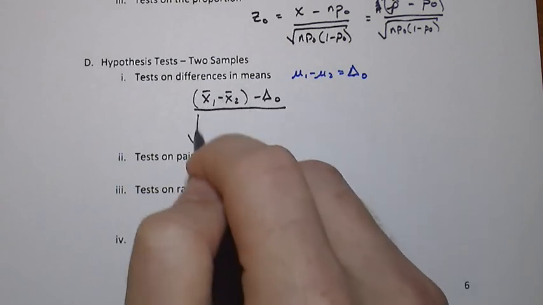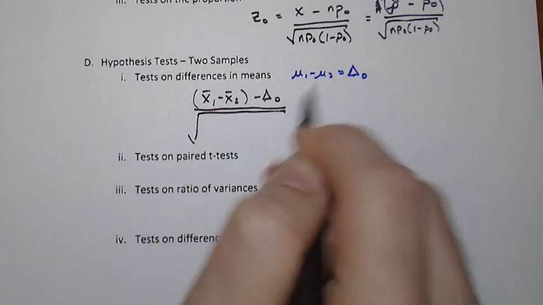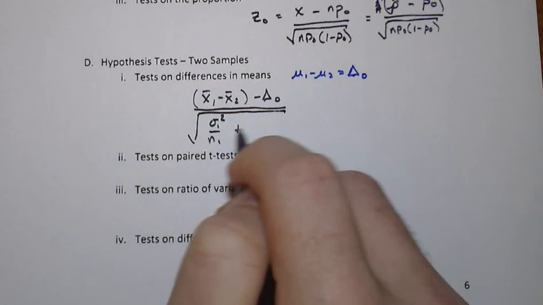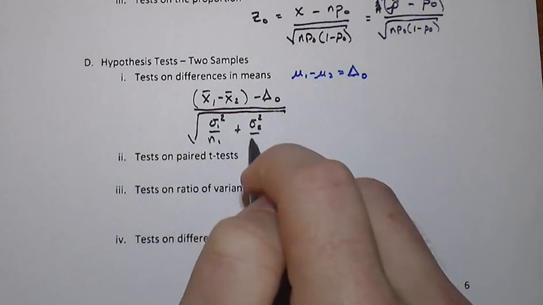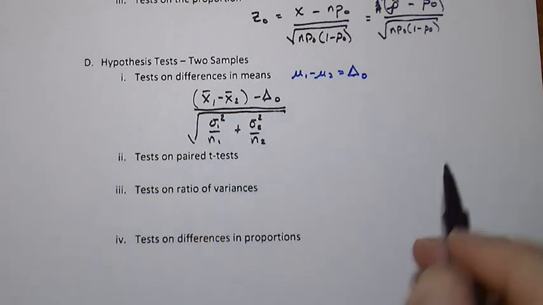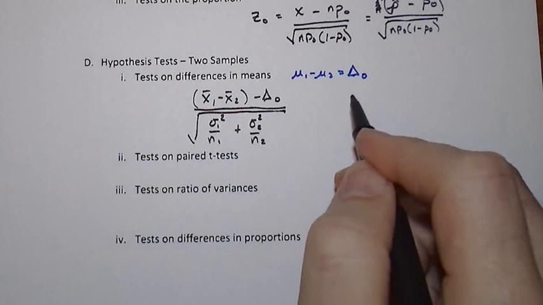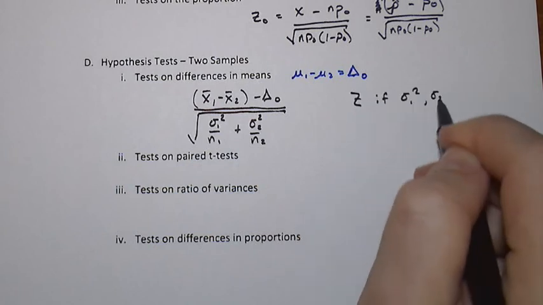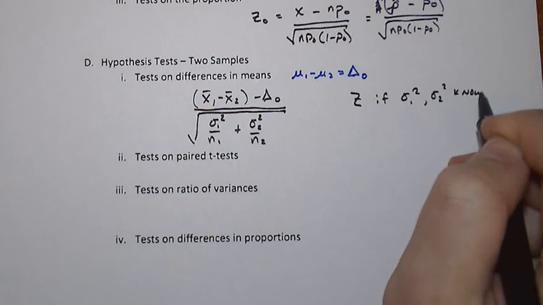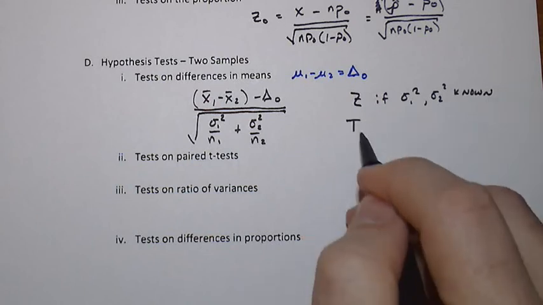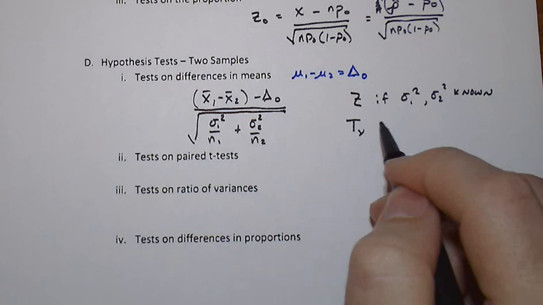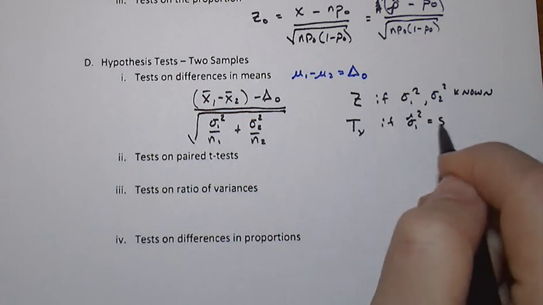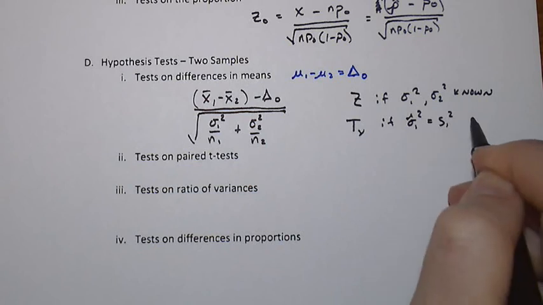How you write this in the denominator depends a little bit upon the situation you're looking at, but in a more general case, we've got the variances divided by the respective sample sizes, and that test statistic is going to be z if our variances are known, and if not, then we get a t-distribution with nu degrees of freedom if we're estimating using, say, the sample variances.